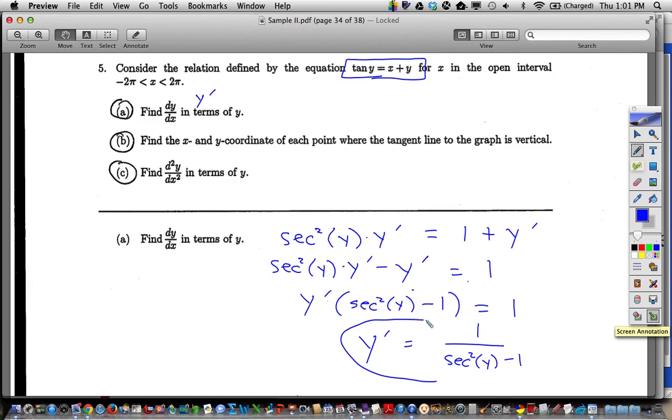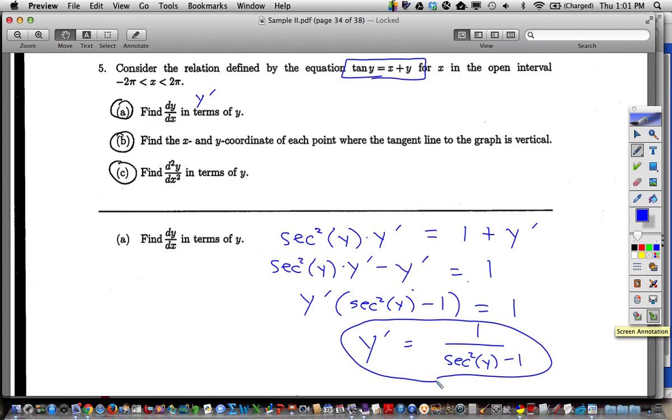Okay, and that is good, right there. Now, because I've got y prime in terms of just y, that's probably worth a couple, 2, maybe 3 points right there. So that's good.